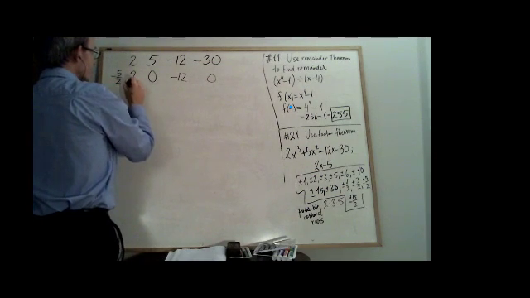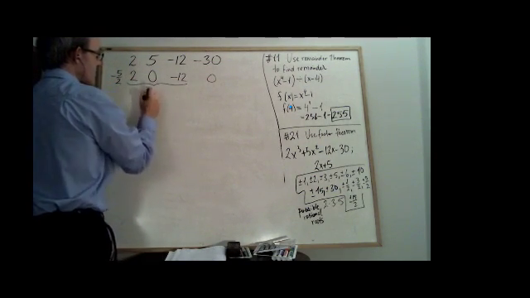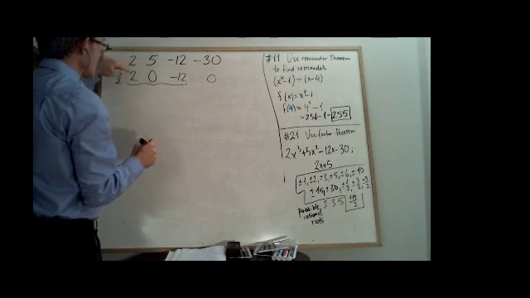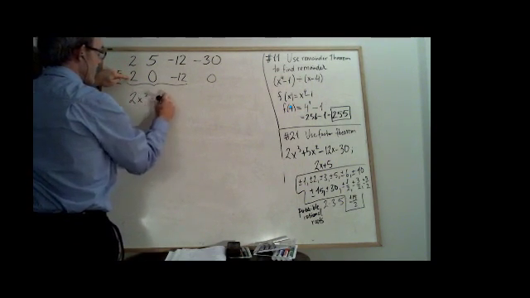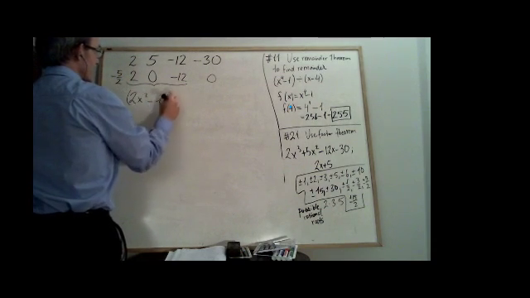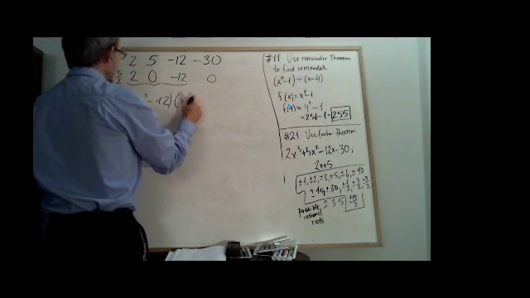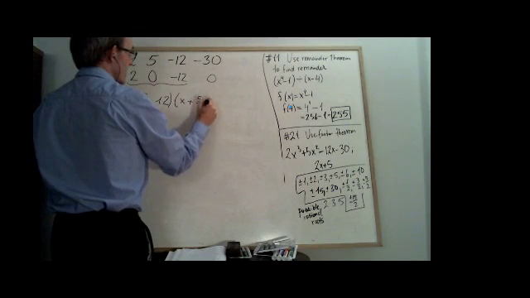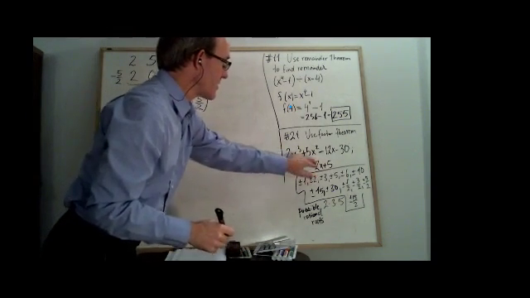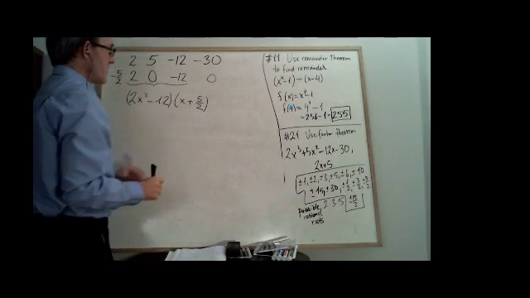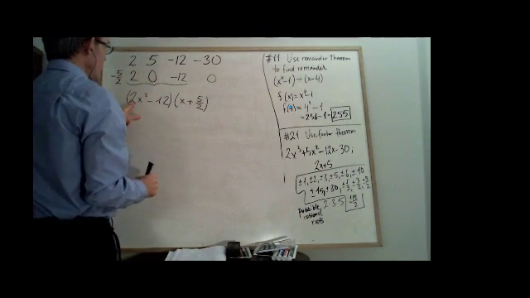And what's left over is this polynomial represented by these coefficients. So it's 1 degree less than this, which is x squared. So 2x squared minus 12. And the other factor is actually x plus 5 over 2. So the 2 actually has been taken out of this factor, right? And it's simply been moved over here.